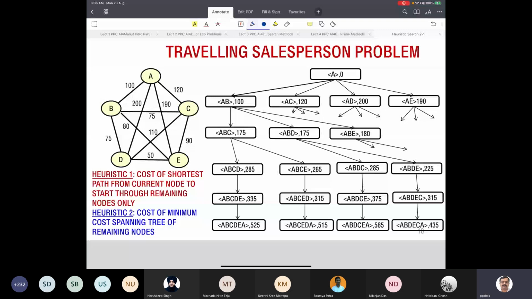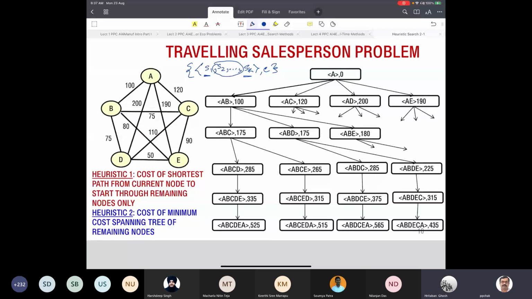So if I am in a position like this, I have a sequence S1, S2 up to Sk. This is my current state, and there is a cost. Then other than this S1 and Sk, I remove all the other intermediate nodes from the graph. And then I find in the remaining graph, what do I find in heuristic 1?